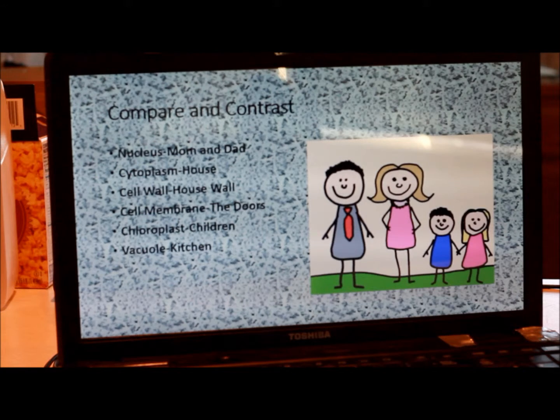And this is going to help her cognitively compare and contrast the way a plant cell helps a plant to grow and to function correctly, by comparing it to the way her household functions.